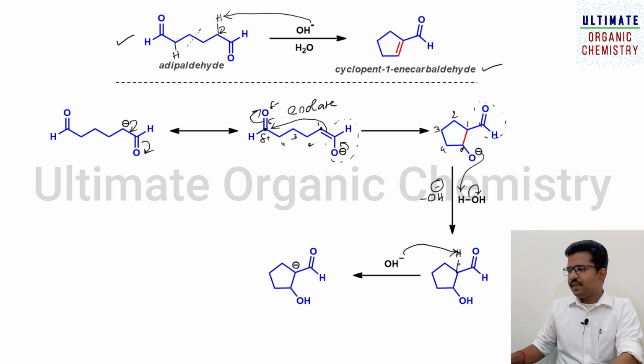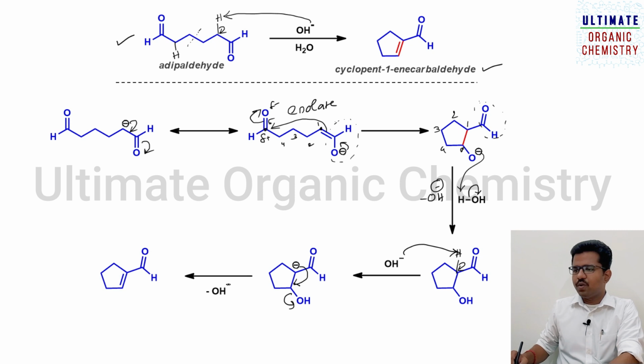Once it abstracts the proton, the electron moves towards the carbon atom. As a result, it generates a carbanion. Once this carbanion is generated, it moves towards the carbon and pushes the oxygen atom, and the oxygen atom leaves as OH minus, providing the corresponding product. So this is the mechanism of intramolecular aldol condensation.